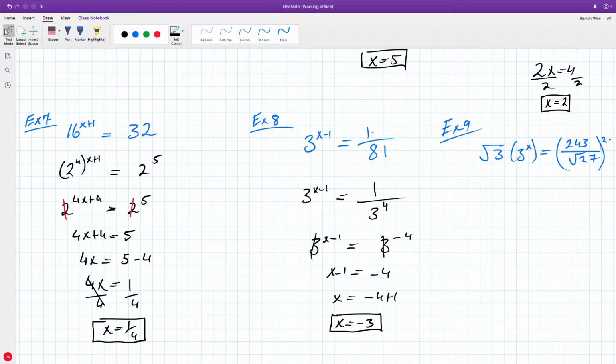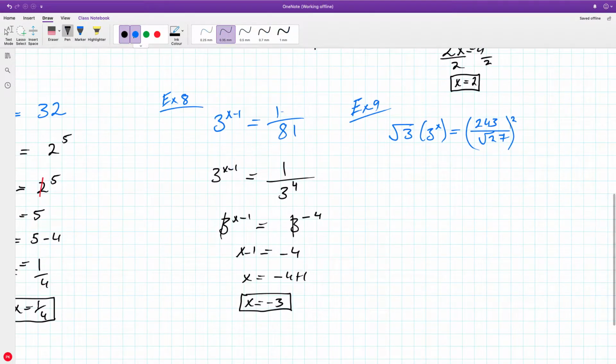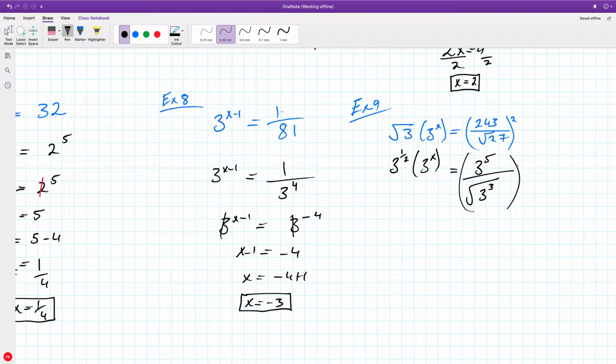Right, let's have a little look at it. So, we have root 3 is 3 to the power of a half, multiplied by 3 to the power of x is equal to 243, which is 3 to the power of 5, over the square root of 27, which is 3 to the power of 3 rooted, all to be squared.